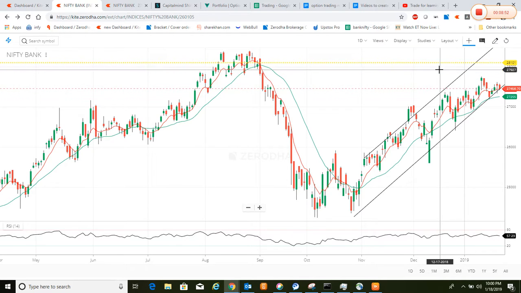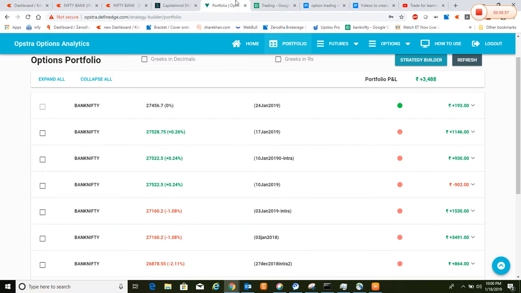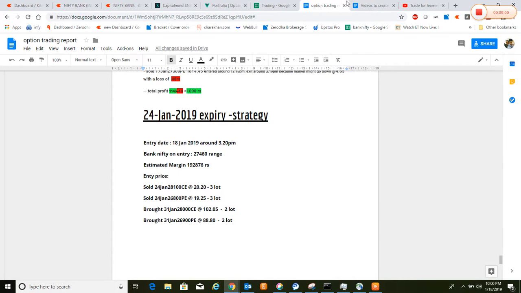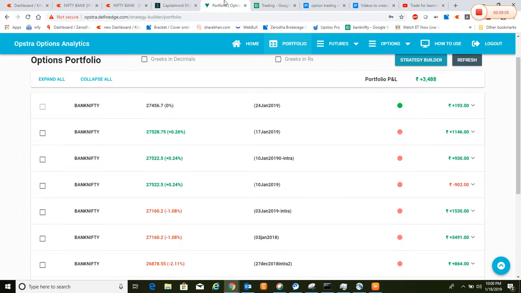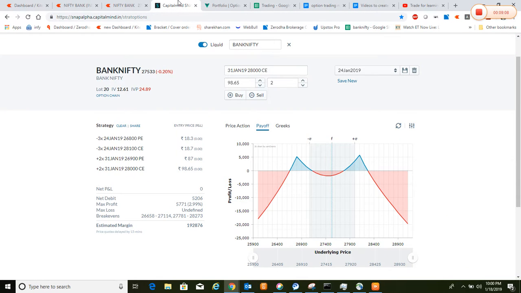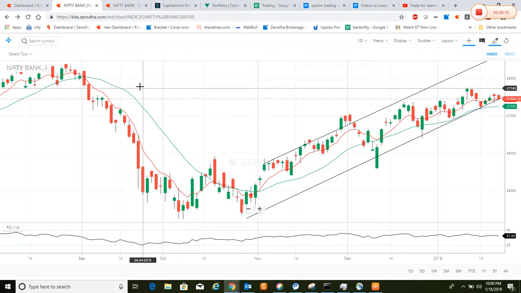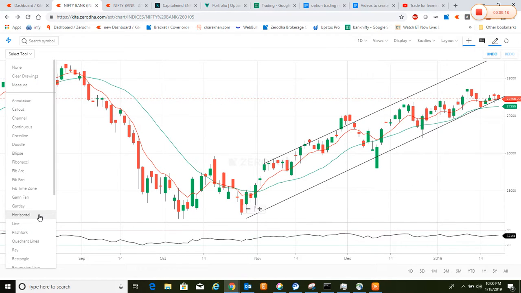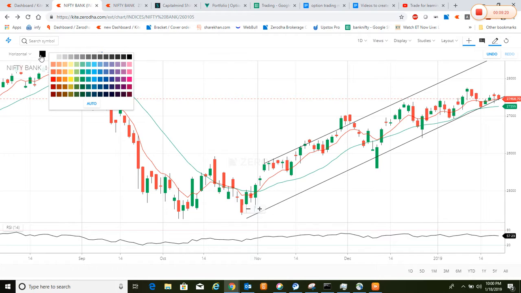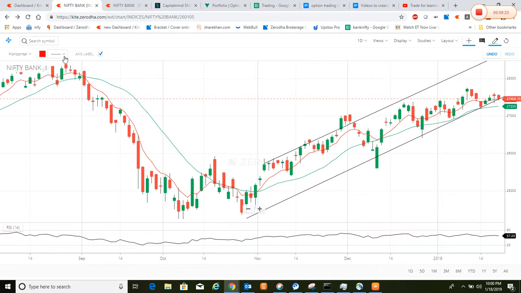So let's build this week's strategy, how it looks for the break even. It should be 27,114. Let's take a horizontal red line at 27,114.